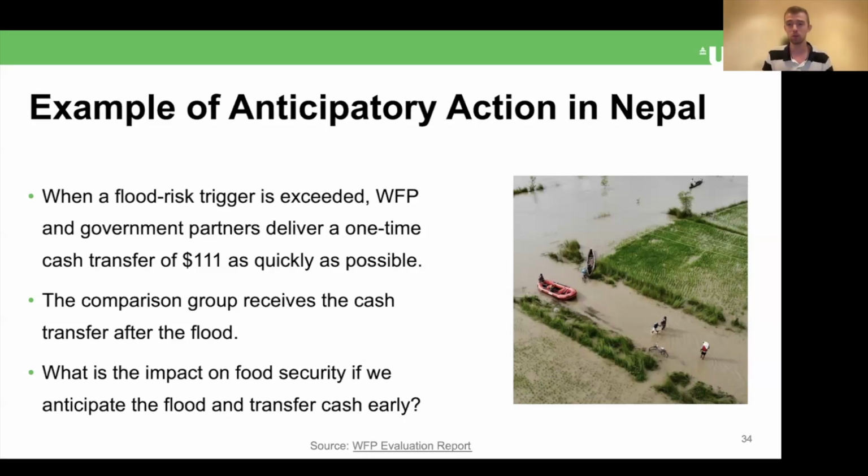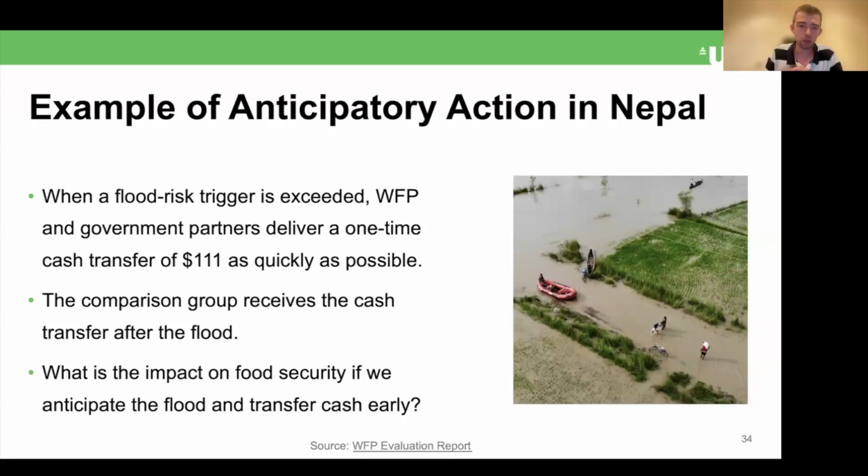So they were not able to actually do the transfer 1 or 2 days before the flood happened. They were able to do it as quick as 2 or 3 days after, but this was still significantly quicker than the traditional 2 weeks.